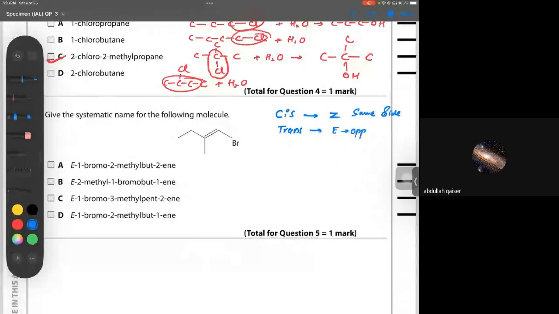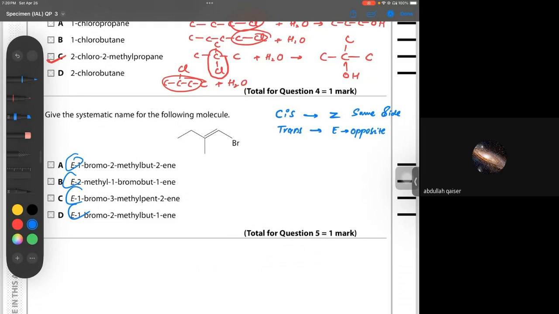So first of all, you have to filter the options. They all are given as E, which means that they all are trans, they are opposite.